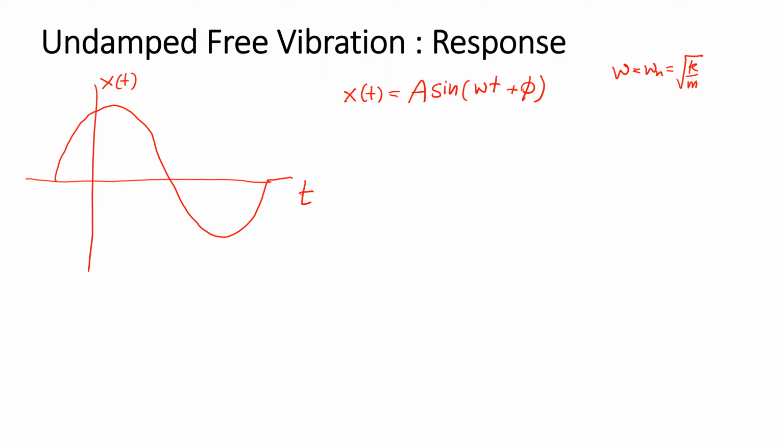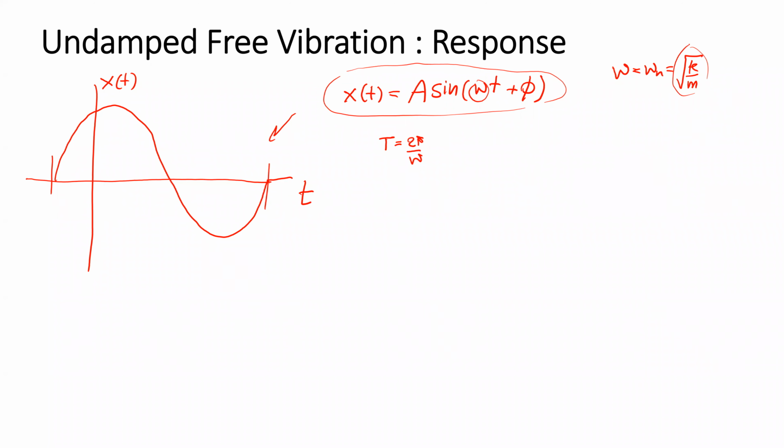How can we relate this to the plot of the response? I think you may be familiar with this: if we know the omega and we need to plot this one, the period of vibration is equal to 2 pi per omega, right?